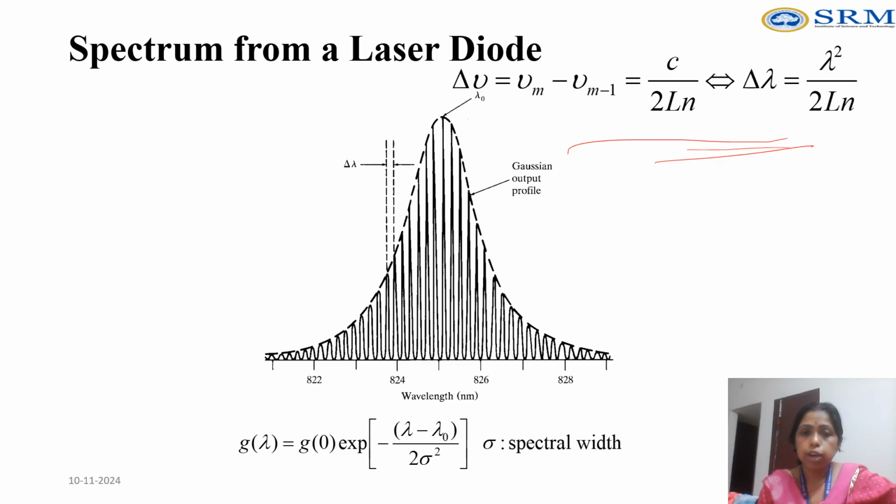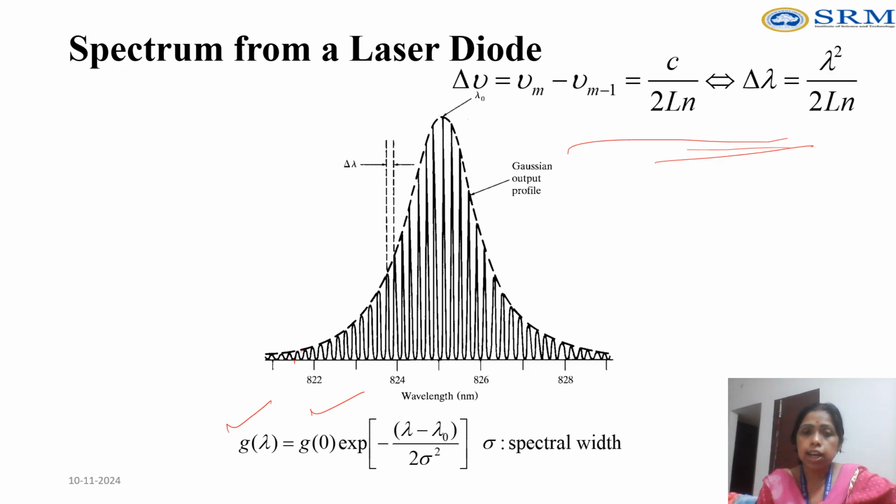This is one fundamental mode, this is one fundamental mode. You can also see that for some wavelengths you are not getting high gain, and for some wavelengths you are getting the gain. So again, if you want to represent the gain with respect to wavelength, g(lambda) is equal to g naught e to the power minus lambda square by 2 sigma square.